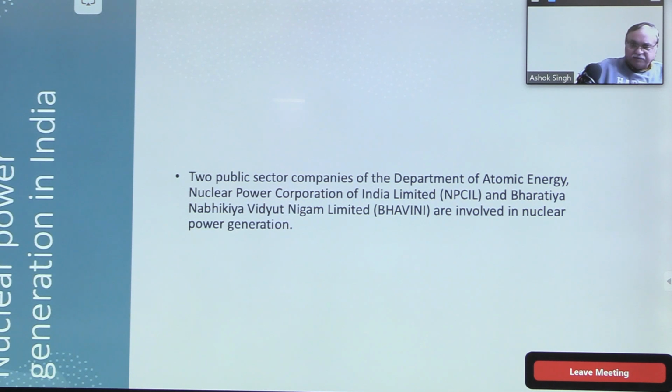These two companies actually are involved with nuclear energy, nuclear power generation in India. Now, what are their areas of work? And remember that they are both public sector companies.